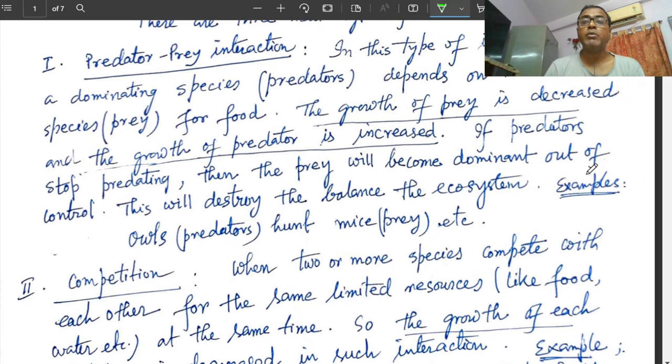Here we give an example. Predators are owls and they hunt mice as prey, and so on. There are so many such species in our system.